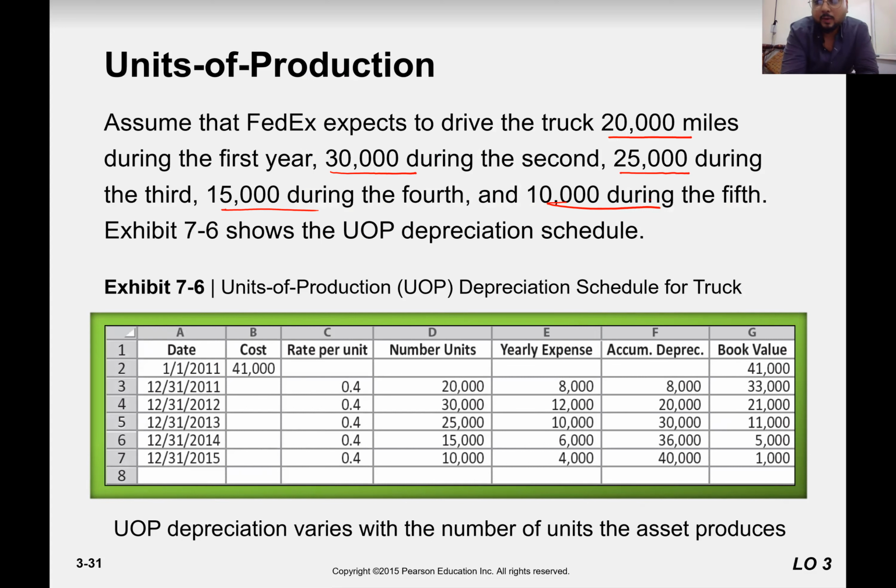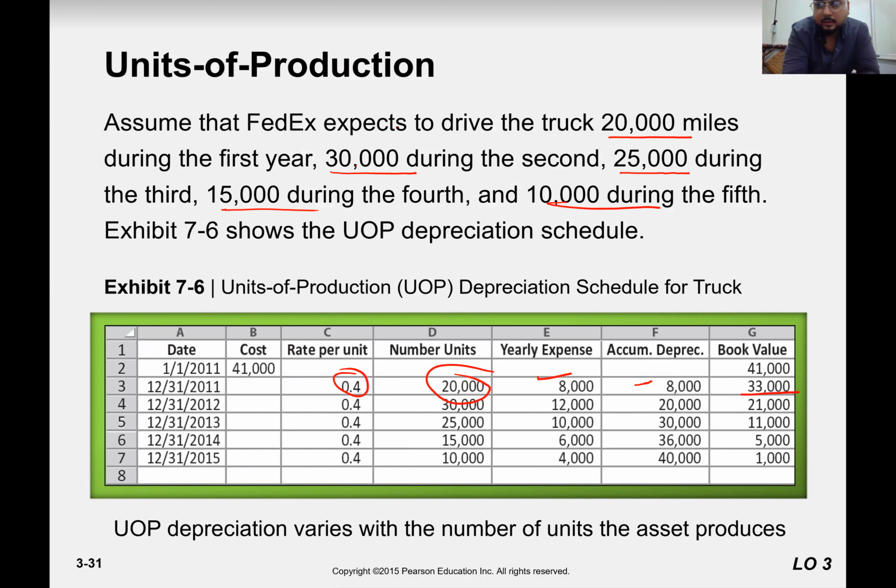Simple. 0.4 is a rate. So you multiply 0.4 with the units. So 20,000 miles run, so the depreciation is 8,000. So that is the cumulative depreciation, and book value is equal to 41,000 minus 8,000, 33,000.